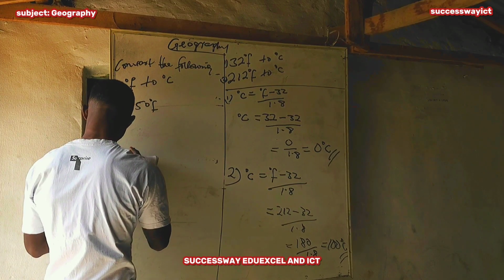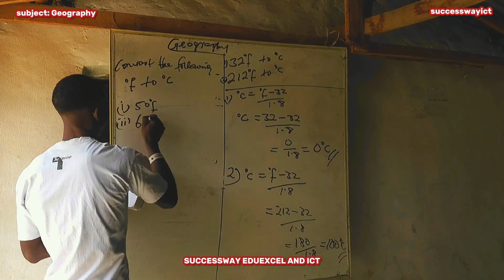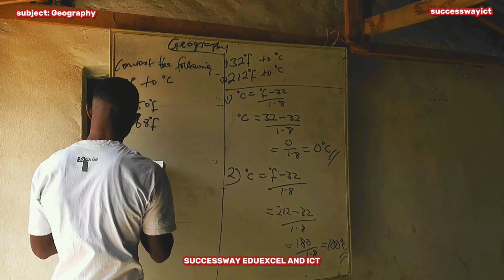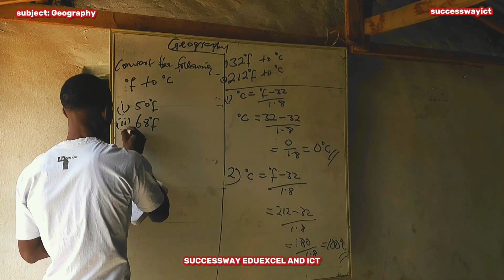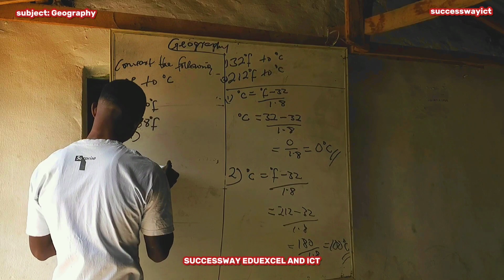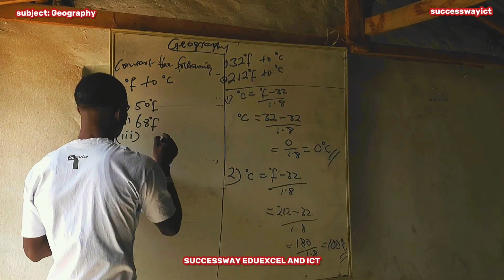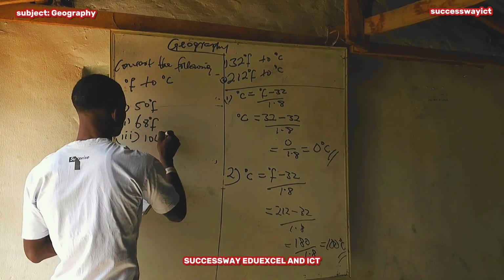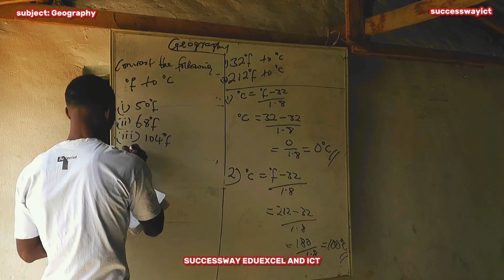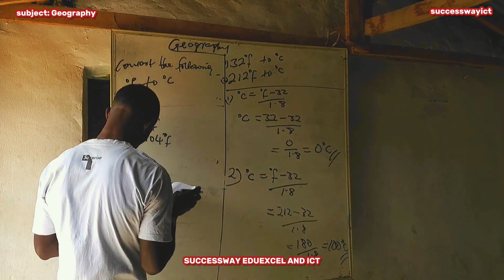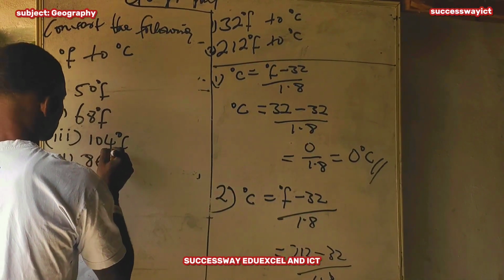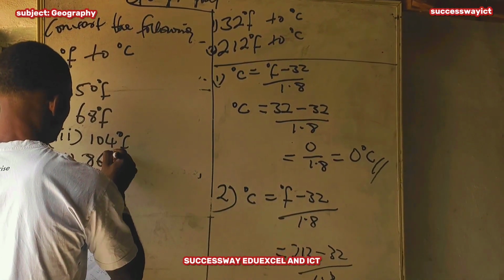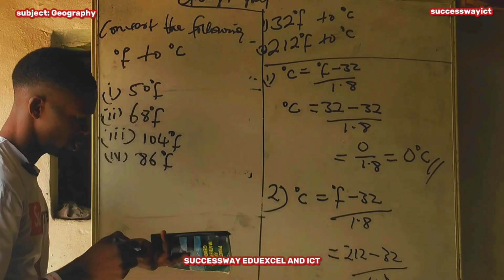Number 2, 68 degree Fahrenheit. Number 3, 104 degree Fahrenheit. Number 4, 86 degree Fahrenheit.